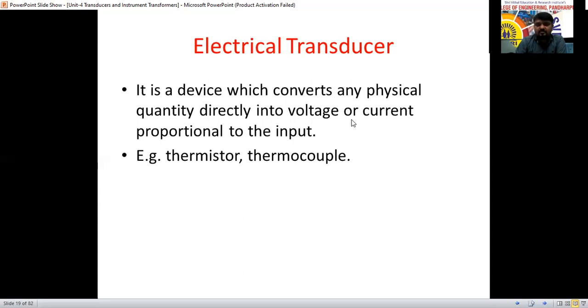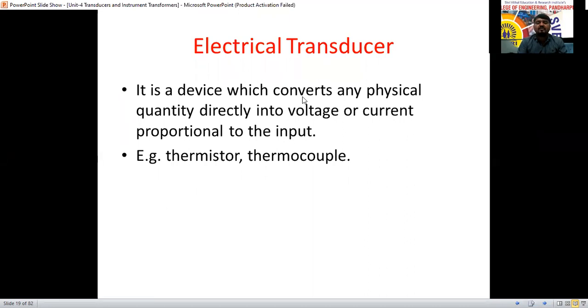Yes or no? Voltage is an electrical quantity or mechanical quantity? Electrical. Current is electrical or mechanical? Electrical only. So the electrical transducer is a device which converts physical or mechanical quantity into electrical quantity. That is called an electrical transducer.